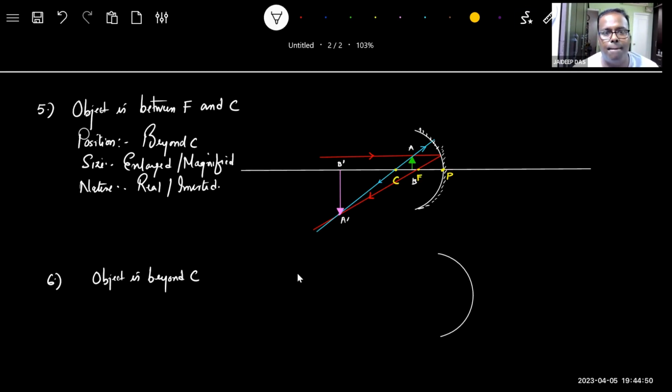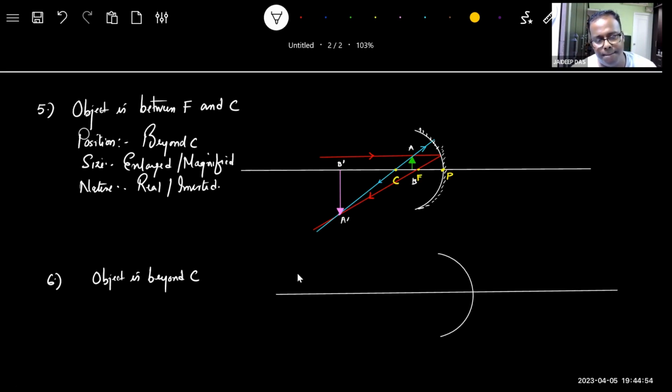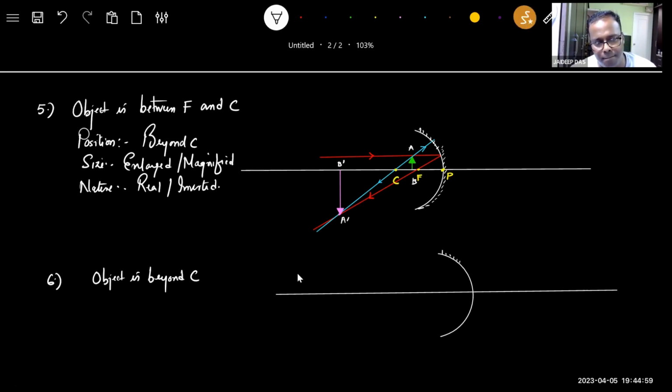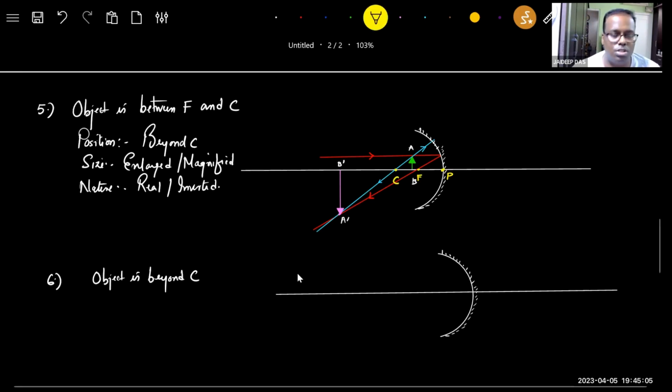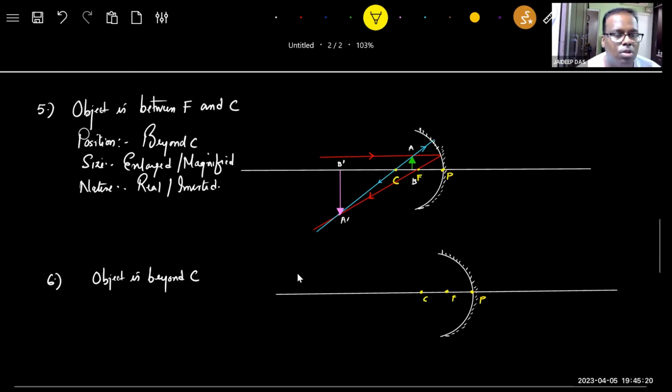Okay. Let's mark our points. Pole, focus, center of curvature. Where is our object?